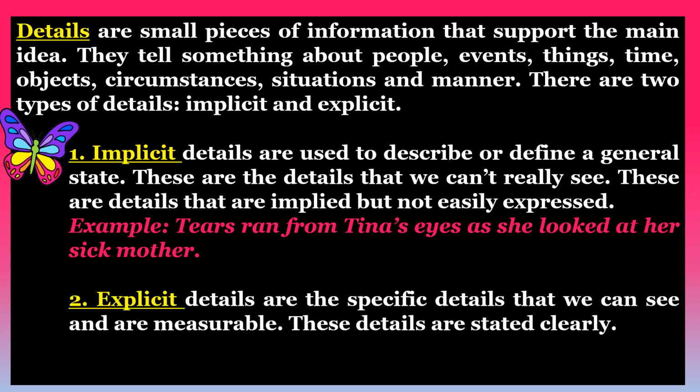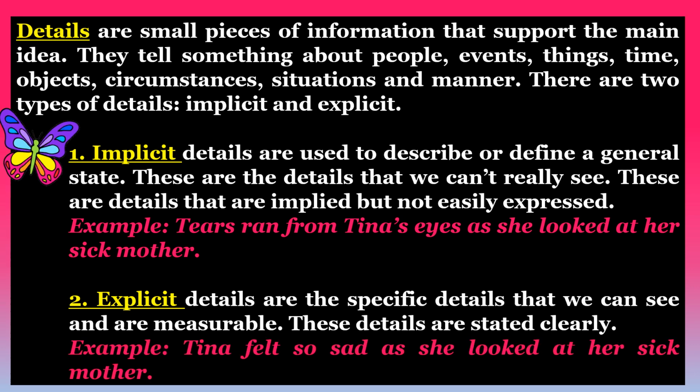How about an explicit detail? Explicit details are the specific details that we can see and are measurable. These details are stated clearly, or in other words, it is very obvious. Let's have the example. Tina felt so sad as she looked at her sick mother.